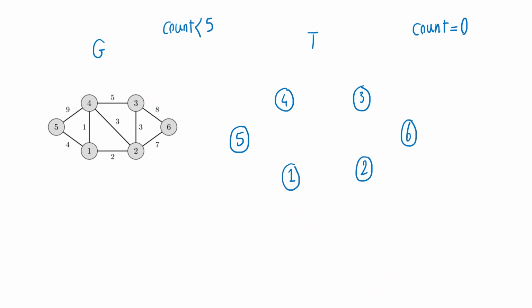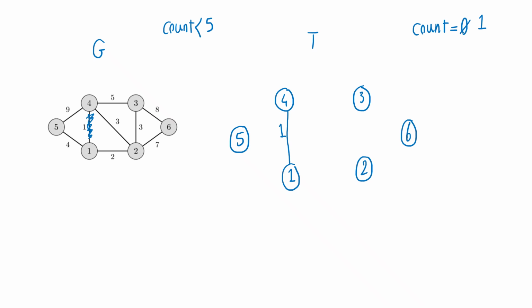We look at the graph, and we pick the edge with the lowest weight, which is the edge connecting 4 and 1. And we look to see if I add that edge here, whether it creates a cycle or not, which it doesn't in this case. So we add that here. And we remove that from the original graph.